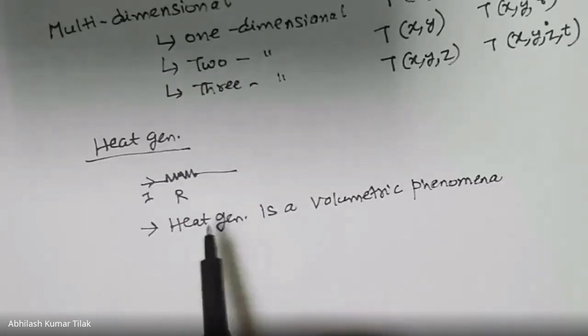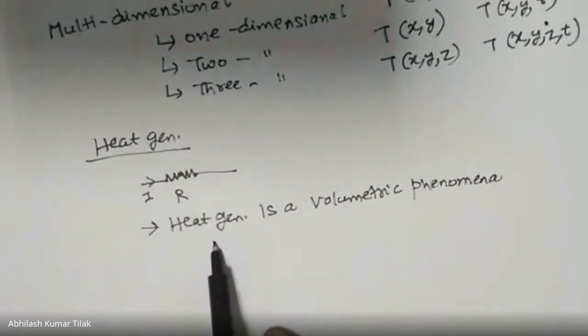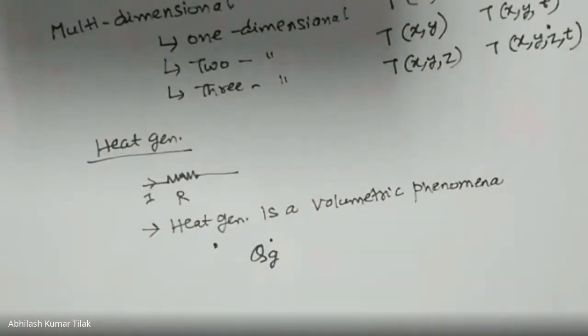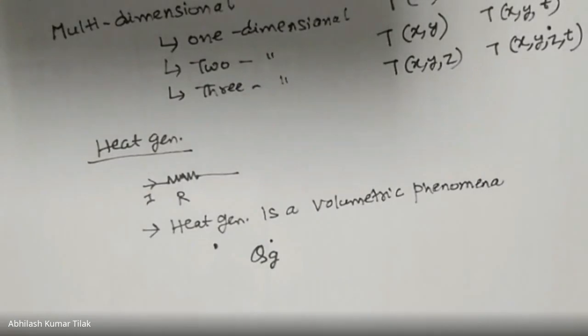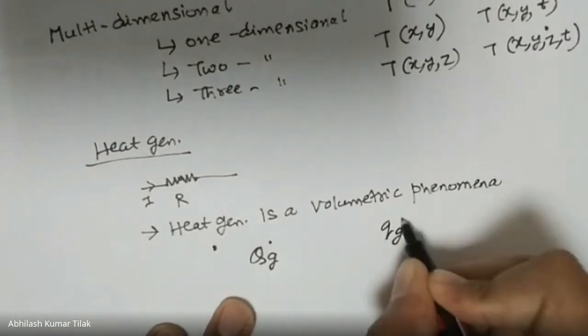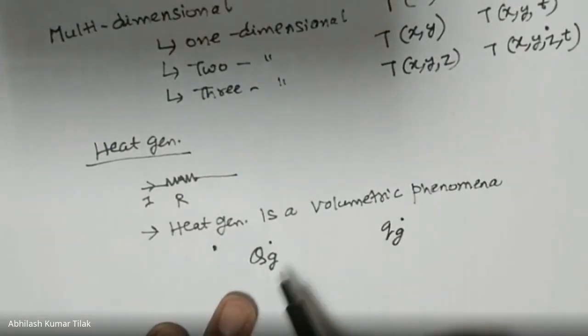Heat generation is defined in any body per unit volume. So we define it as Qg, the amount of heat generated in a medium per unit volume.